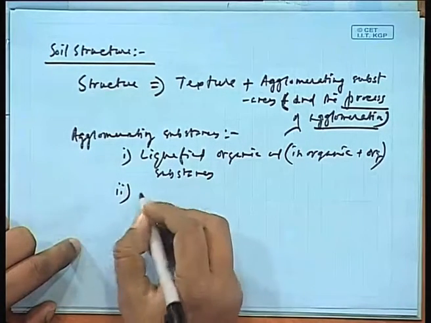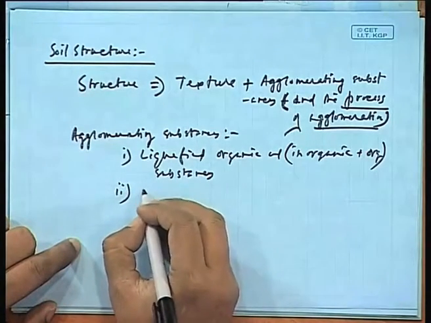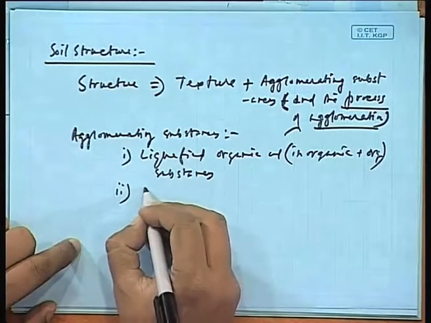They have another important property, an agglomerating property.